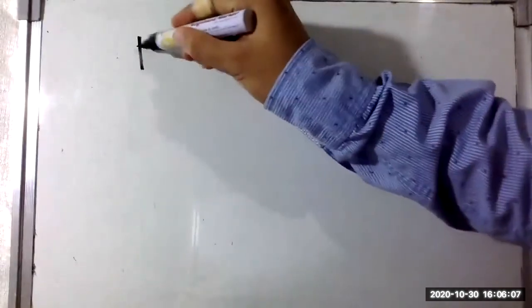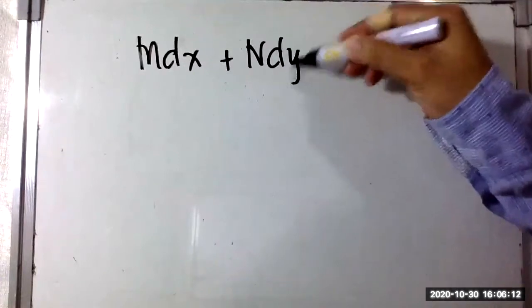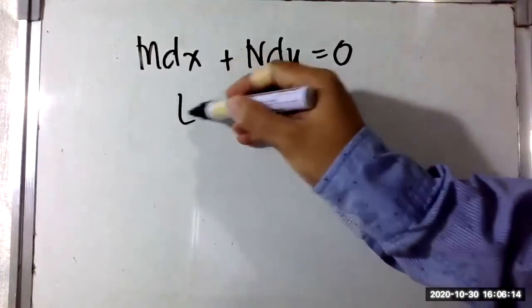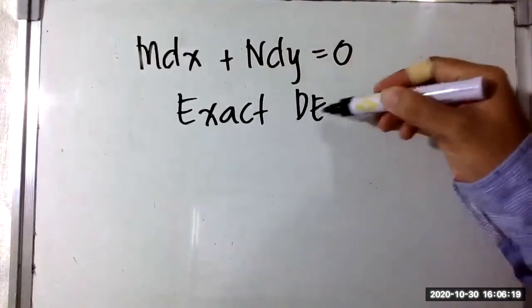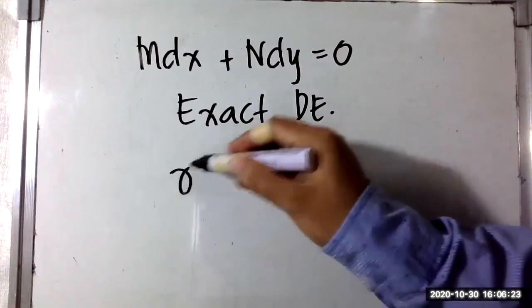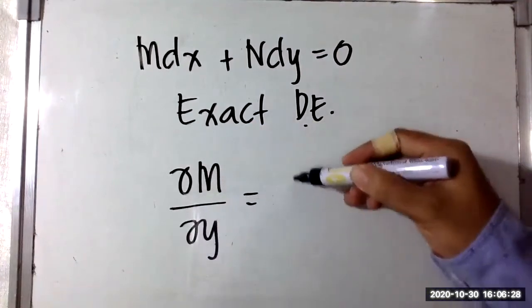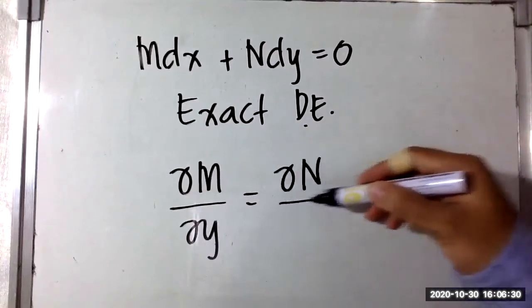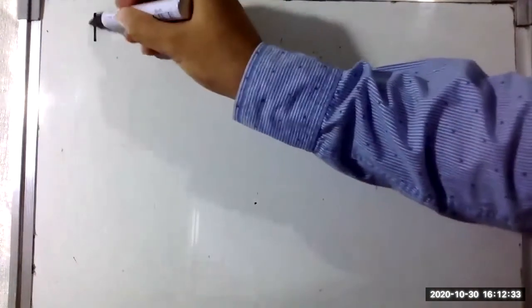A first order differential equation of the form M dx plus N dy equal to 0 is said to be an exact equation if it satisfies this condition: the partial derivative of M with respect to y must be equal to the partial derivative of N with respect to x. Let's call the first method the long method.